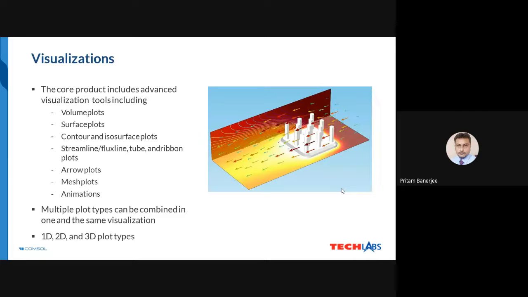After the simulation, we get the results. We visualize the results in volumetric plots, surface plots, streamline or flux density plots, arrow plots, and mesh plots. Whenever it provides electromagnetic directions in arrows, we could also animate that, to see from where and how it is flowing.